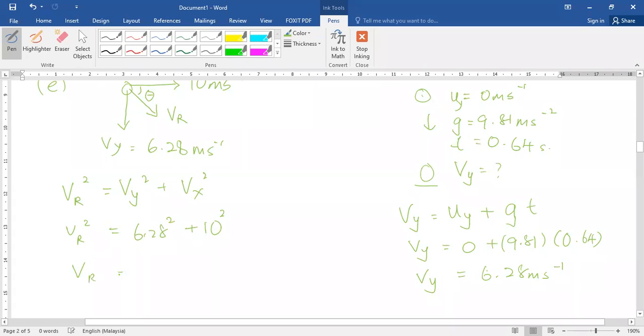So VR is equal to how much? We get around 11.8 ms^-1. That means that when it reached the ground, the resultant velocity is 11.8 ms^-1.